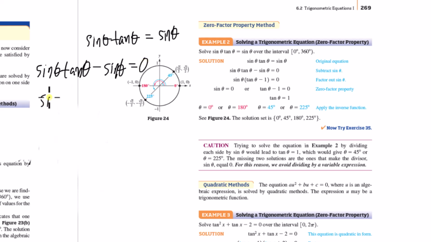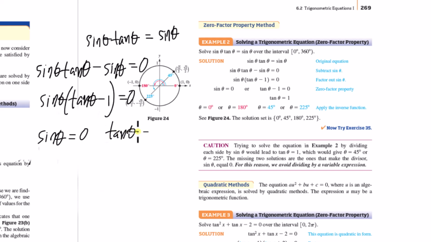Now we've got sine theta times, we can factor out sine theta, and there we go. So when sine of theta is equal to 0, that's going to be a solution. And when tangent of theta minus 1 is equal to 0, tangent theta is equal to 1, that's going to be a solution.